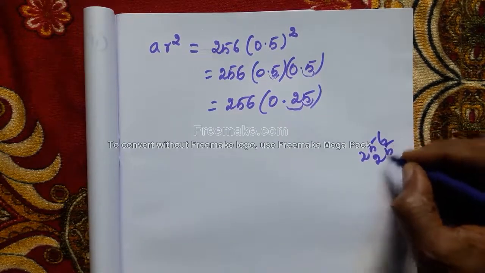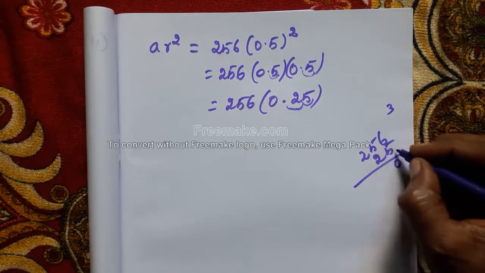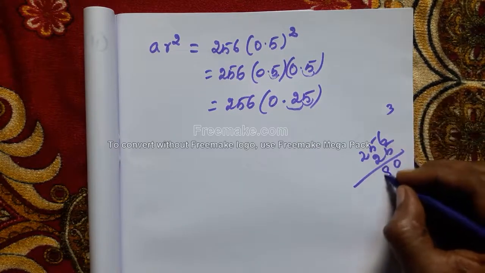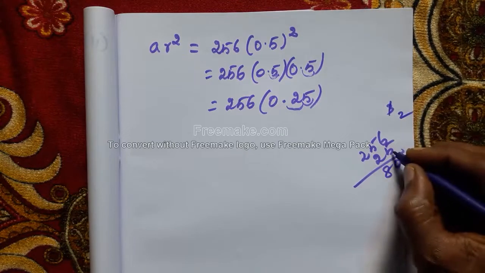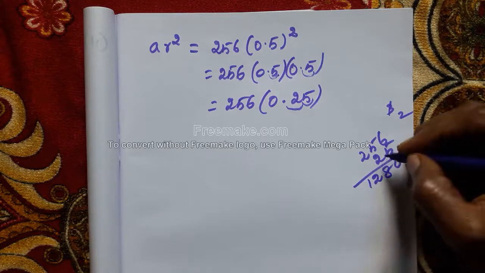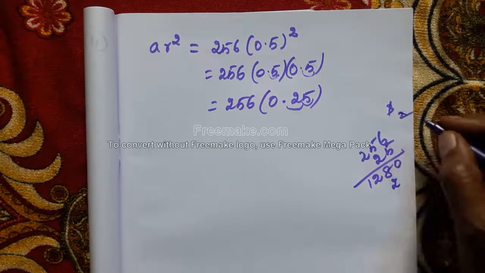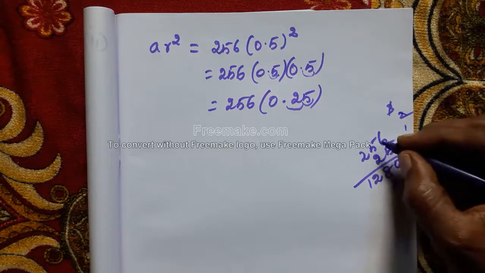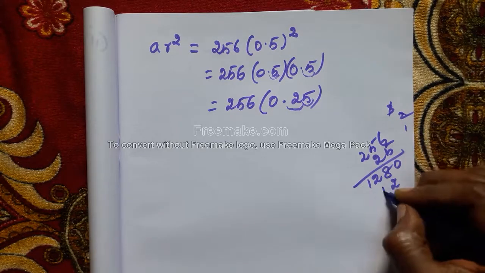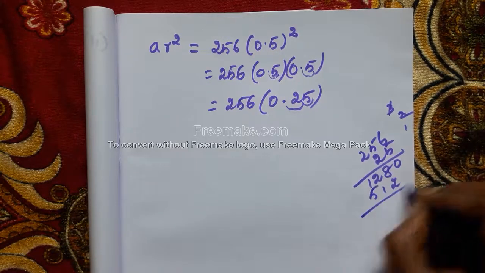256 into 25, what will we get? 6 5s are 30, 3 balance. 5 5s are 25, 28. 2 balance. Next, 5 2s are 10, 10 plus 2. Next, 6 2s are 12. 1 balance. Next, 5 2s are 10, 10 plus 1, 11. 1 balance. 2 2s are 4, 4 plus 1, 5.